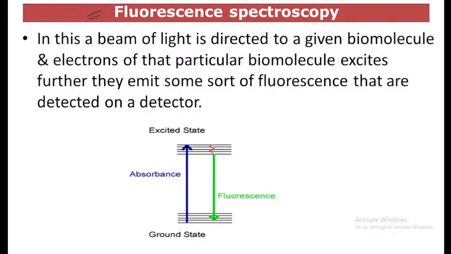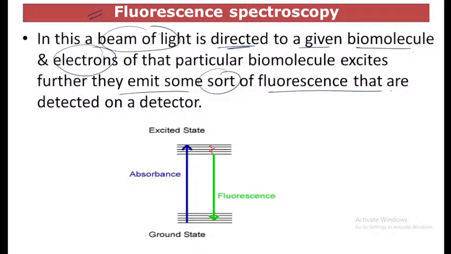In this, a beam of light is directed to a given biomolecule, and the electrons of that biomolecule get excited. They emit some fluorescence that is detected by the detector. We have discussed this yesterday itself. In the ground state, the electrons are at the normal level, and when they absorb a specific wavelength, they reach the excited state.